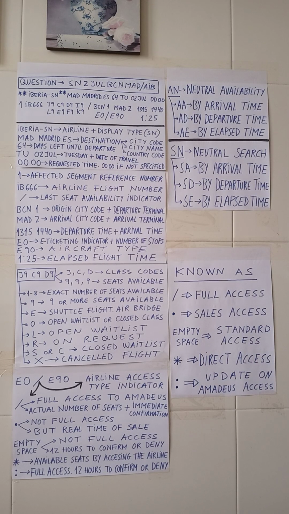If instead of the bar there are two dots, that means that we have a continuous connection with Amadeus, but we must wait a maximum of 12 hours to know if the airline confirms or denies the requested seat. The type of access that is represented by two dots is called update on Amadeus access. Folks, we have come to the end of the video.